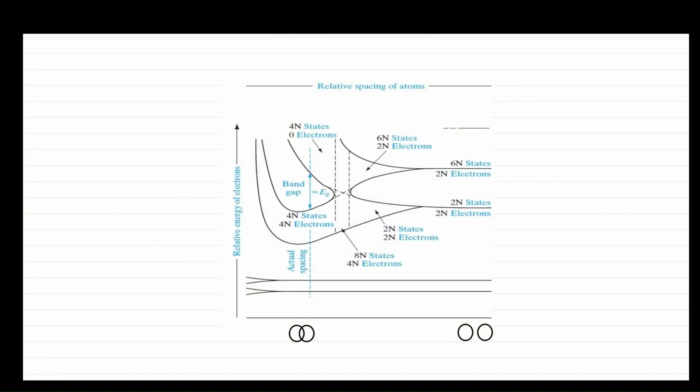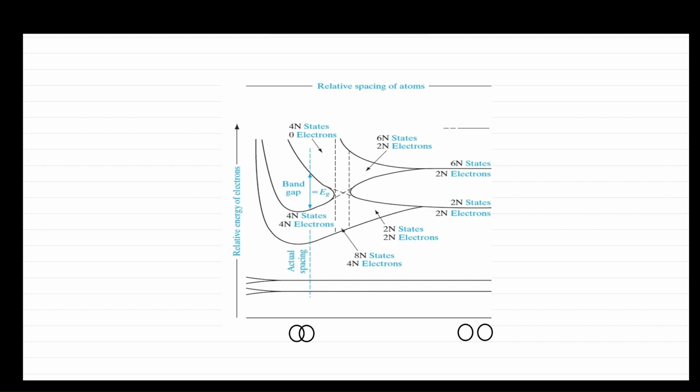Now, we try to analyze the graph in a more technical way. We assume that we have n atoms in a crystal and we will ignore the inner level shells. In this graph, the y-axis represents the relative energy of electrons, whereas the x-axis represents relative spacing of atoms, or in other words, the interatomic distance between two adjacent atoms.